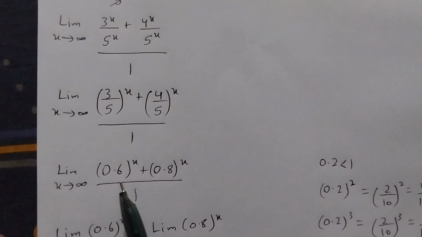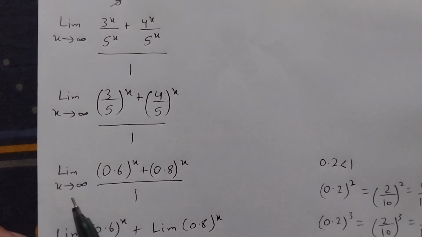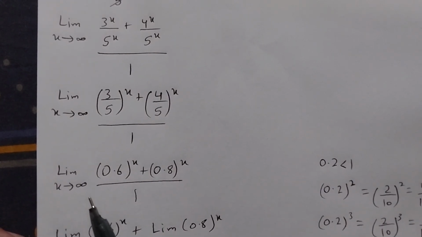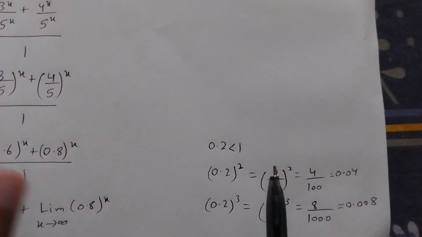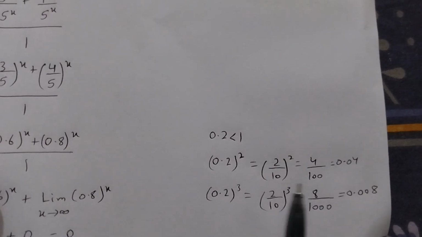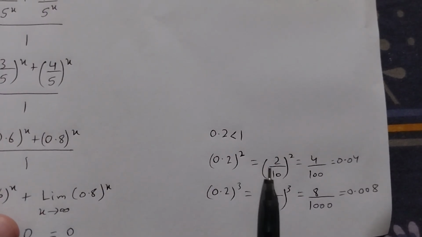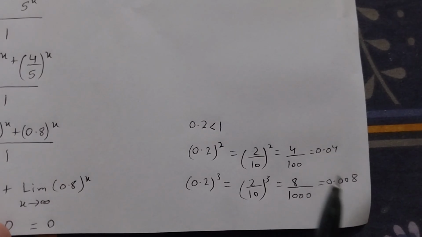So whenever you have numbers which are less than 1 and they are raised to some power, here the power is x and that power is huge, they follow a pattern. When their power gets bigger and bigger, their answer gets smaller and smaller.